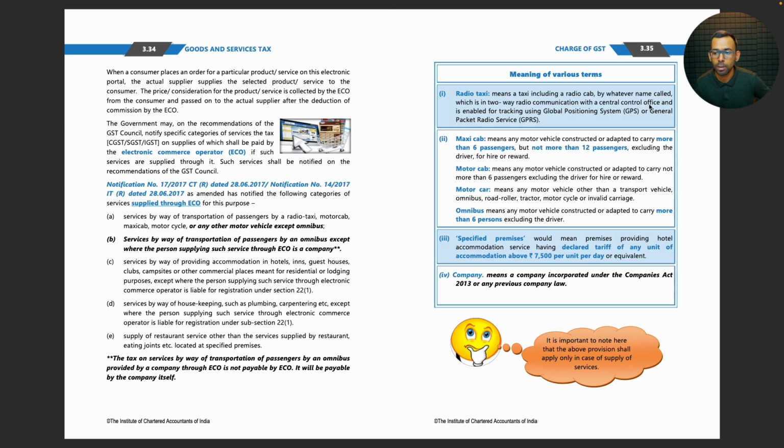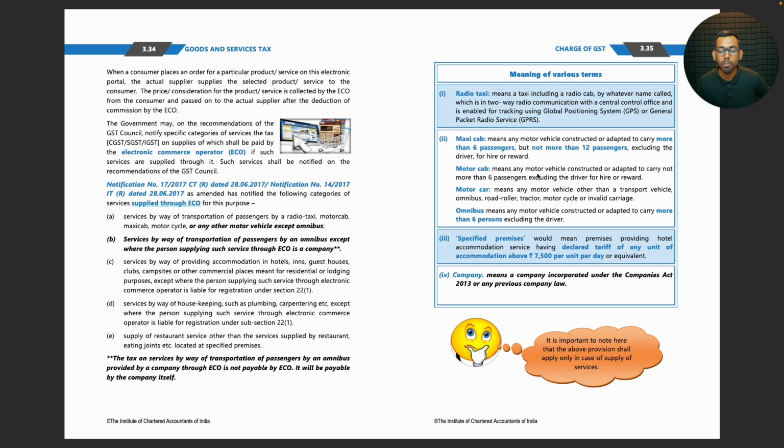Radio taxi means a taxi including a radio cab by whatever name called, which is in two-way communication with a central control office and is enabled for tracking using global positioning system or general packet radio service. Maxi cab means any motor vehicle constructed or adapted to carry more than 6 passengers but not more than 12 passengers, excluding the driver, for hire or reward.